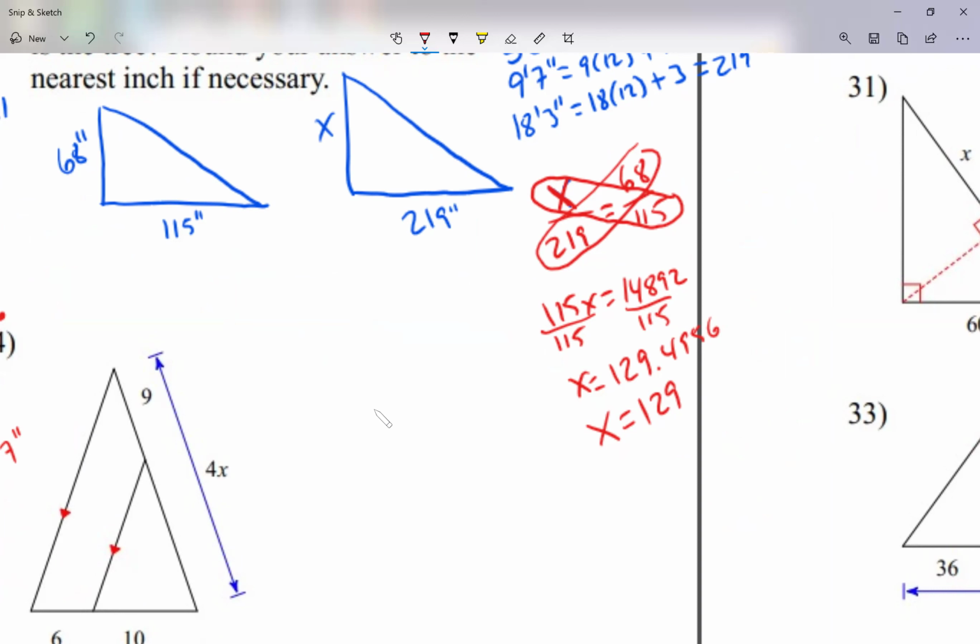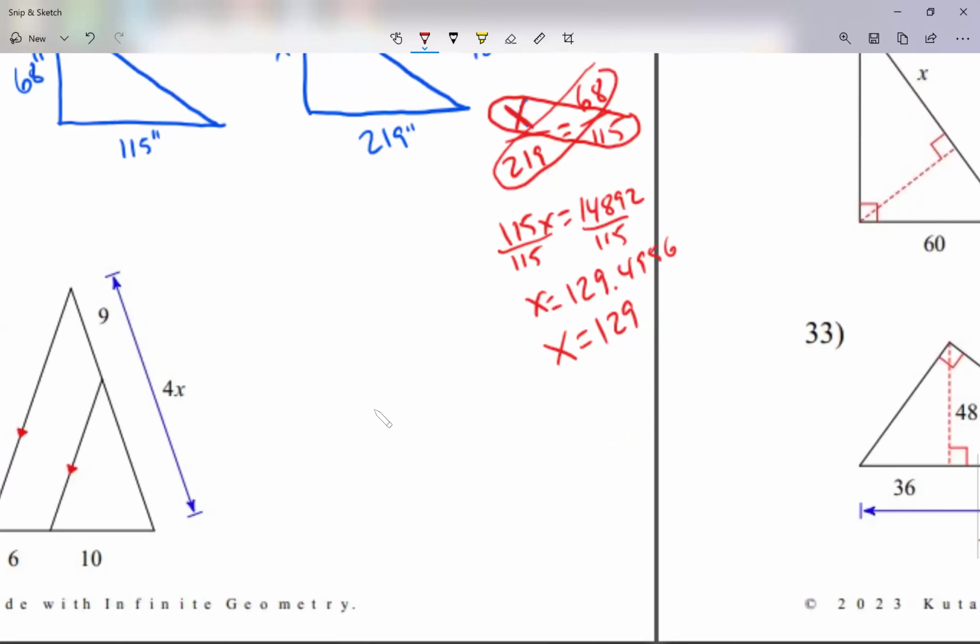Now let me find out how big it is in feet and inches. What I'm going to do is 129 divided by 12. It says 10 point something. I'm just looking at the whole number, to be honest. What that says is 10 feet and some inches.